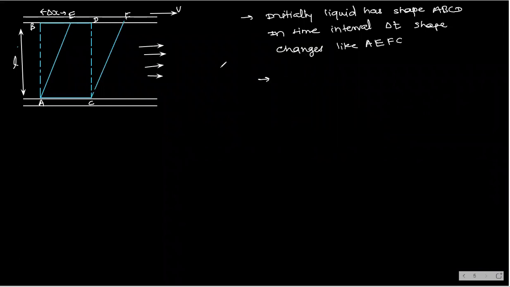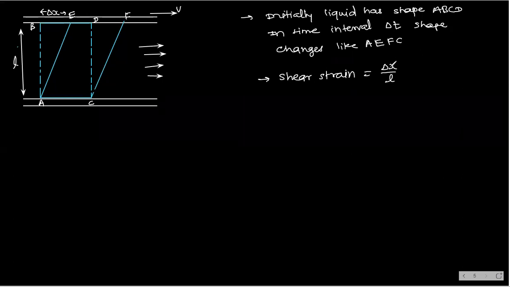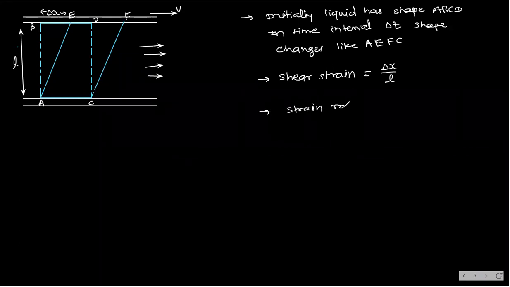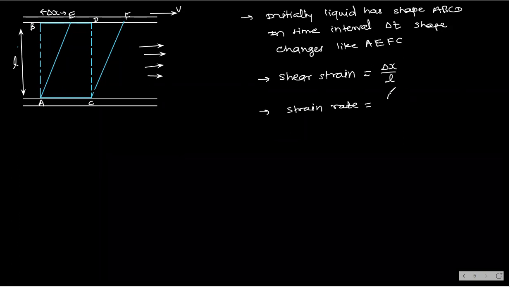So now here, as this shape changes, can I write like this, shear strain? Shear strain is equal to what? Delta X divided by L. We know this already, we have learned in shear strain. If this is the angle, delta X by L. And now the strain rate, what I want, strain rate is equal to what, rate?